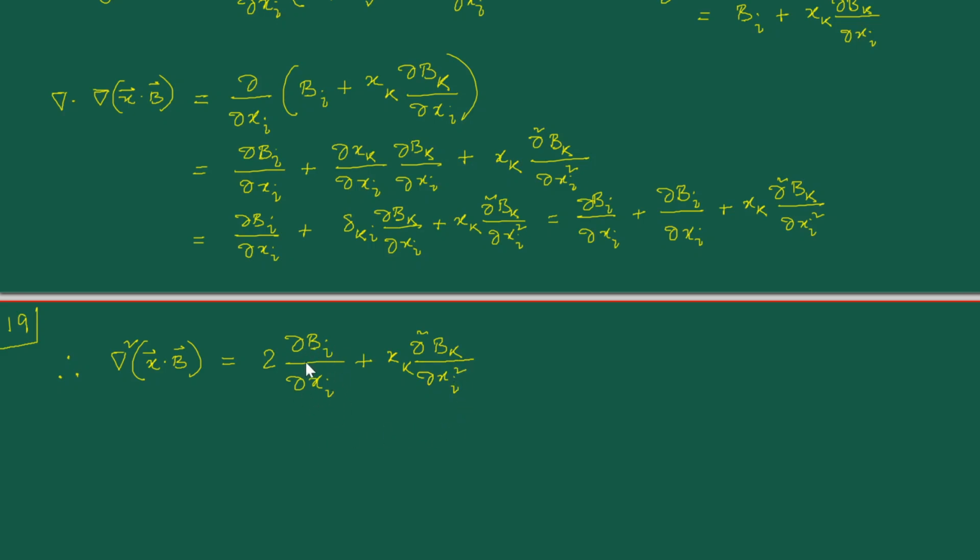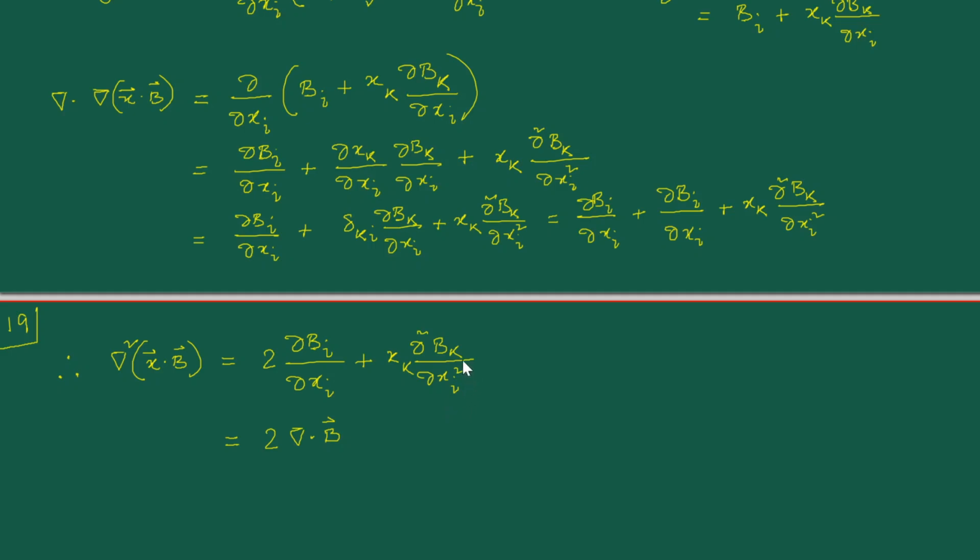Now this one here is simply the divergence of the b vector. I'm sure since all of you have already gone through the mathematical preliminaries chapter, this step is not so difficult to understand. Now this one here is also not difficult to understand.